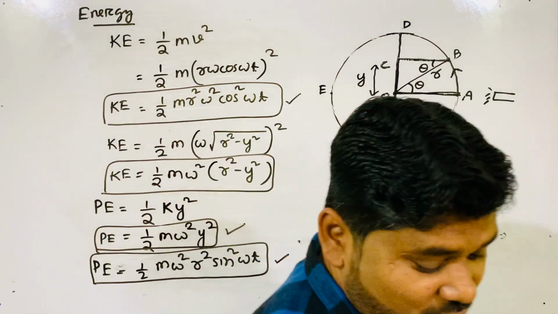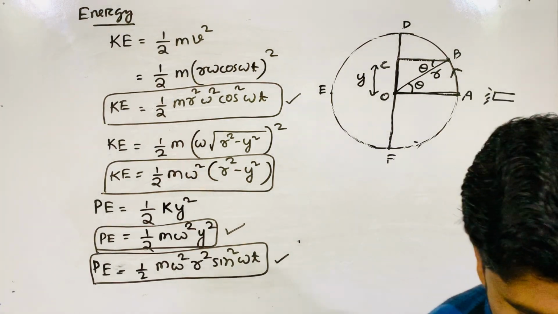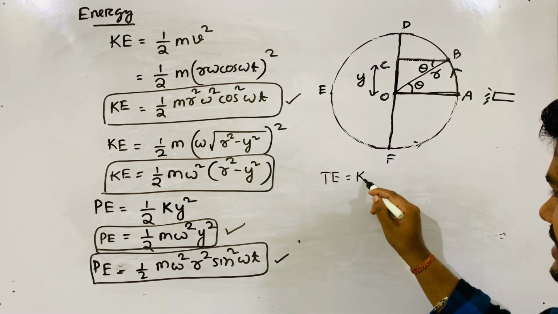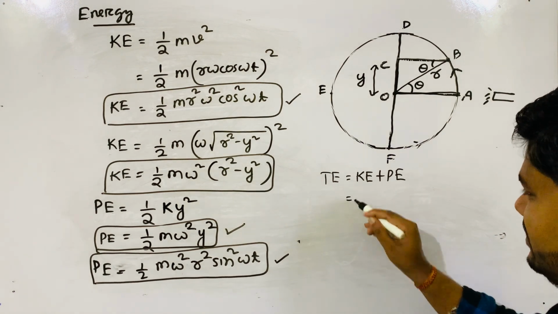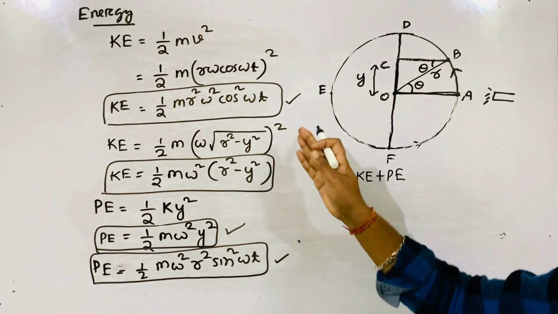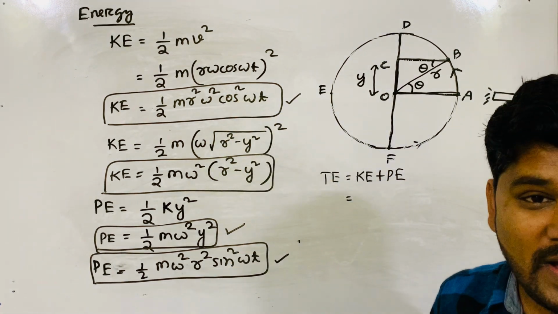Let's calculate the total energy, kinetic plus potential. The omega t terms you can add, no problem. Very simply, when you add sin square omega t plus cos square omega t, it is equal to 1.